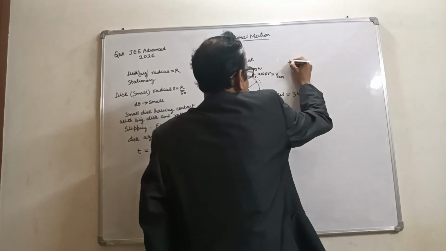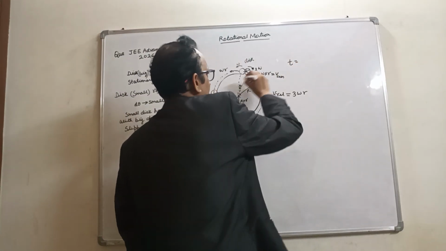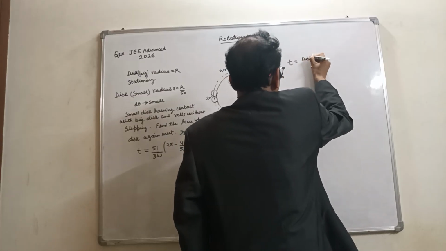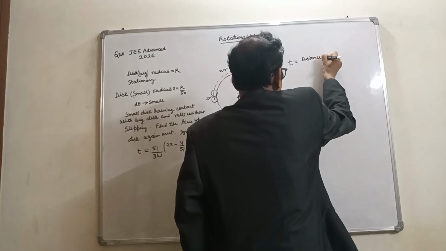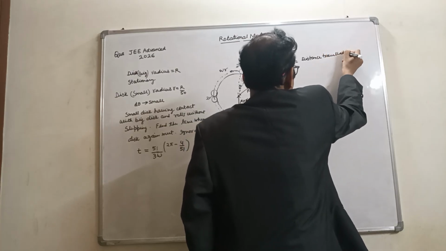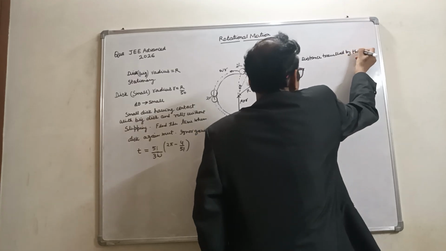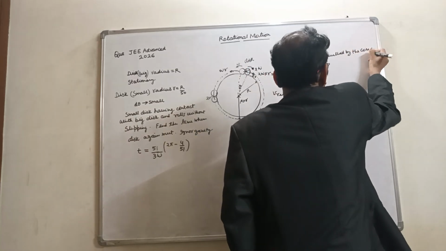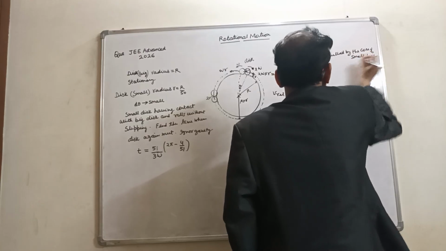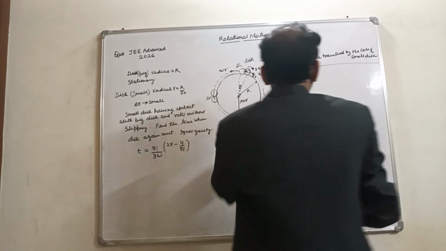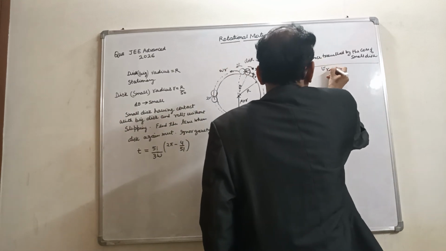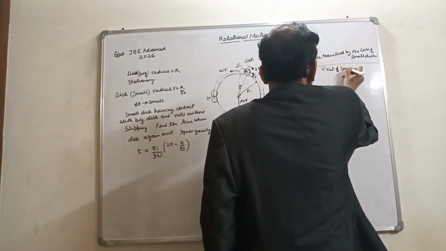So time would be the distance traveled by the center of mass of the small disk upon the relative velocity of the small disk.